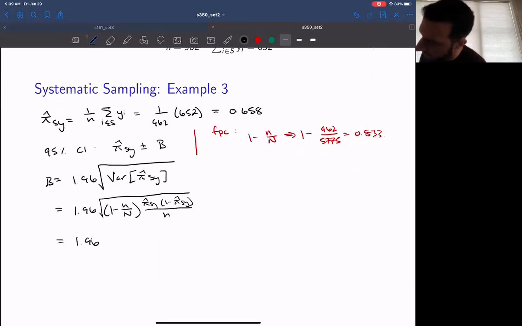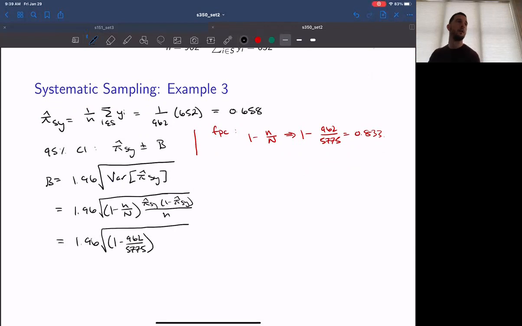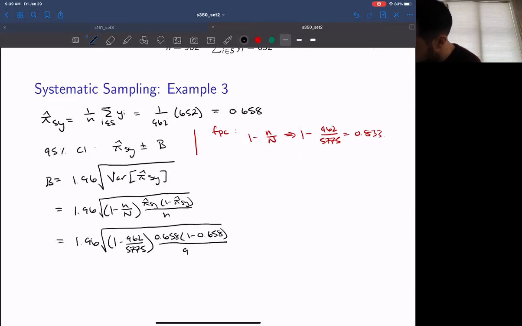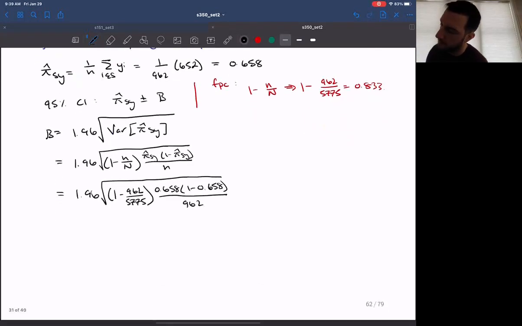This will be 1.96 multiplied by the square root of 1 minus 962 over 5,775 multiplied by 0.658 times 1 minus 0.658 over 962.